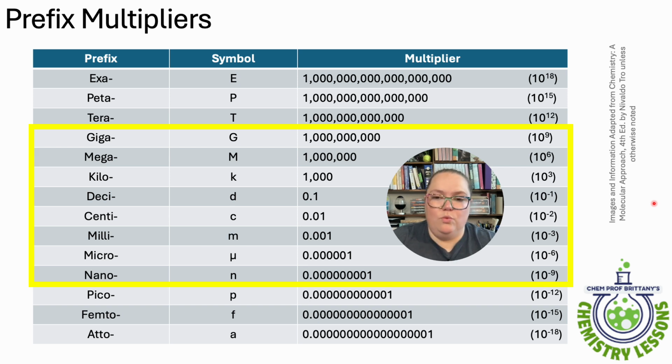These here are the ones that are really important for general chemistry. These are the most relevant ones for this course. If you were to continue into more advanced chemistry or something like quantum physics, then our very small ones, pico, femto, and atto, become much more relevant.